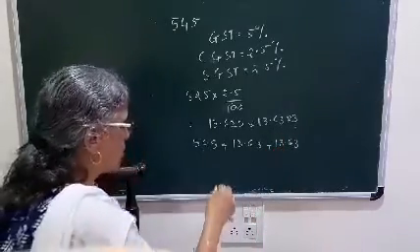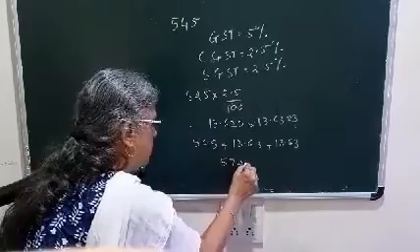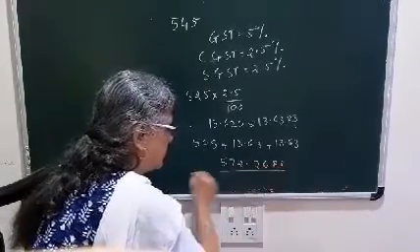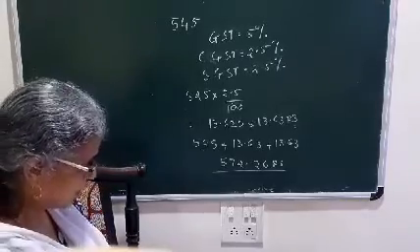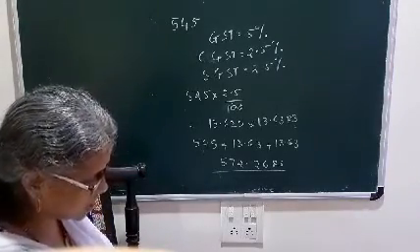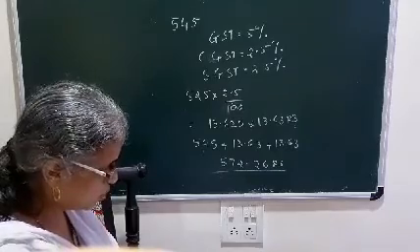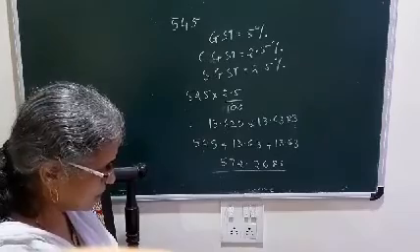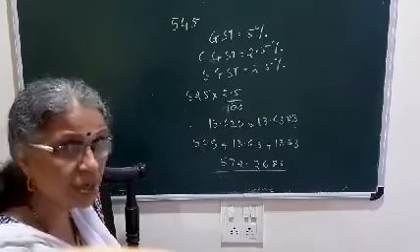If we add that, we will have 572.26 rupees. So Aarti Gas Agency has to pay CGST 13.63, SGST 13.63, and total GST to be paid 27.26, that is 13.63 plus 13.63.